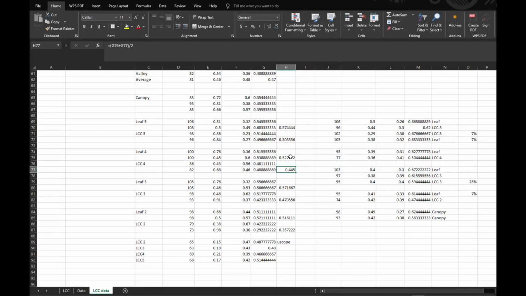So I did the same thing for all 4 LCC. That kind of gives me a range for when I'll be doing the programming, how to tabularize or mentally do the equation in my head. For example, if leaf color is greater than leaf color chart 5, then no fertilizer needed.